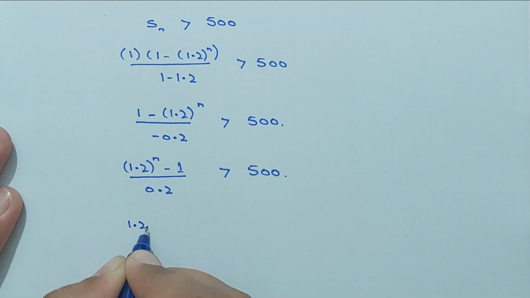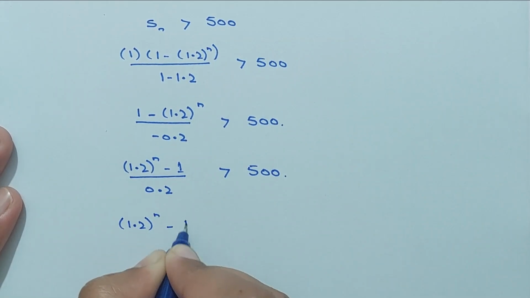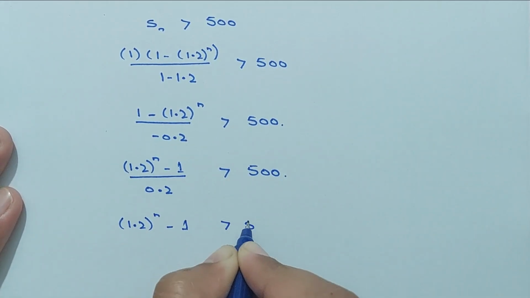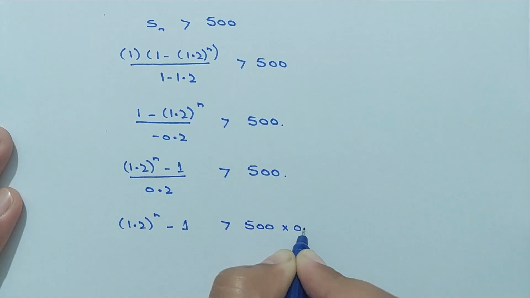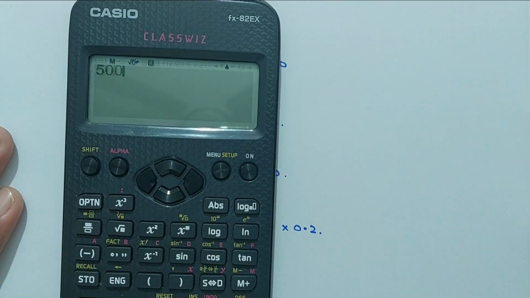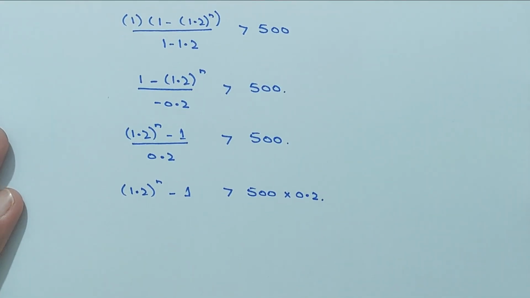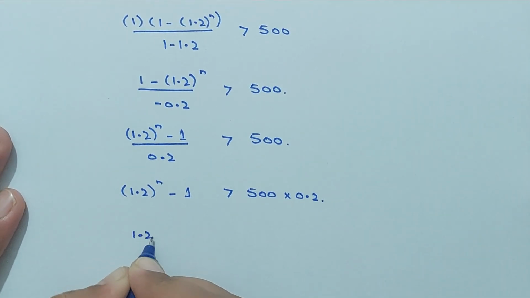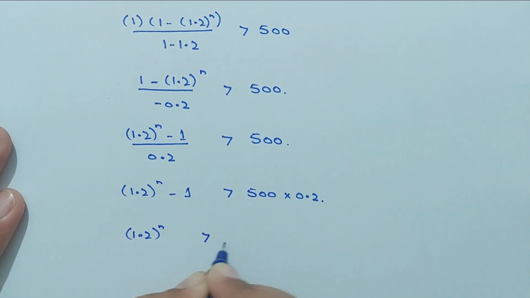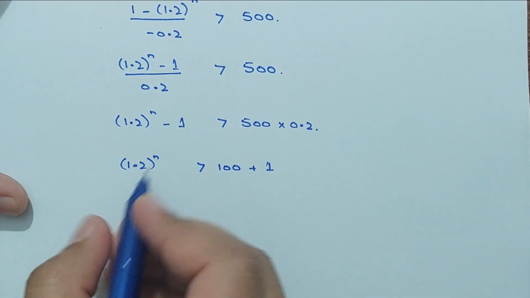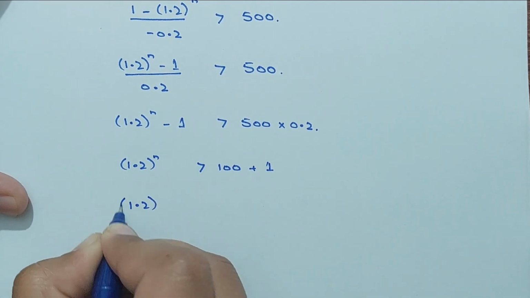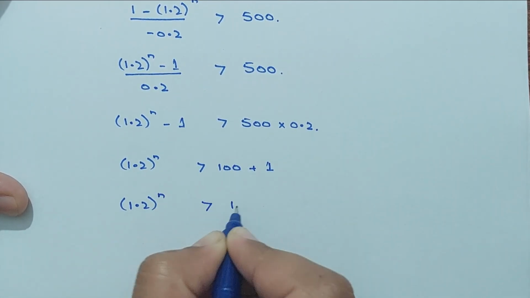Now 1.2 to the power n minus 1 is more than 500 times 0.2, which is 100. So 1.2 to the power n is more than 100 plus 1, which is 101.